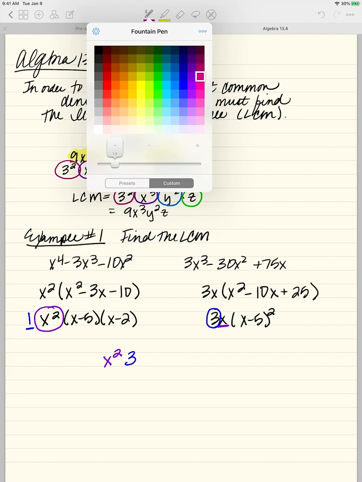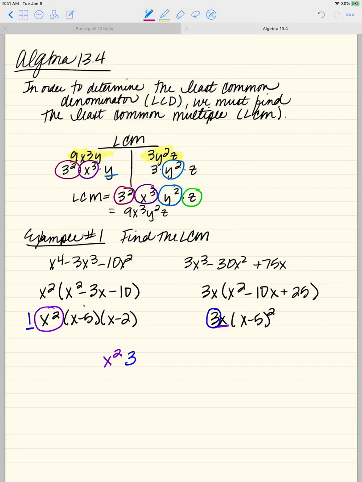Then we have a factor of x minus 5. On the left we have x minus 5, and then on the right we have x minus 5 squared. So the higher power of the factor x minus 5 is x minus 5 squared. And then on the left we have a factor of x minus 2, no x minus 2 on the right.